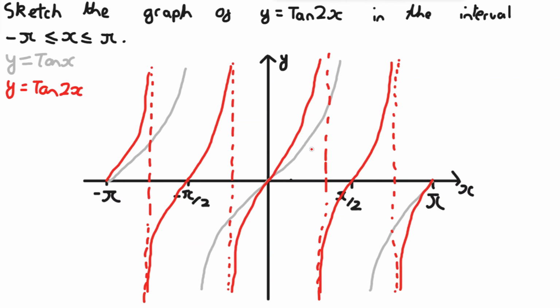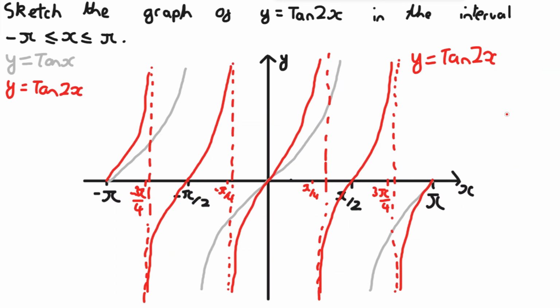And we're going to sketch the new coordinates of where the asymptotes are. This here is pi over 4. This here is going to be 3 pi over 4. This here is going to be minus pi over 4. And this here is going to be minus 3 pi over 4. And then this is the graph of y is equal to tan of 2x here.